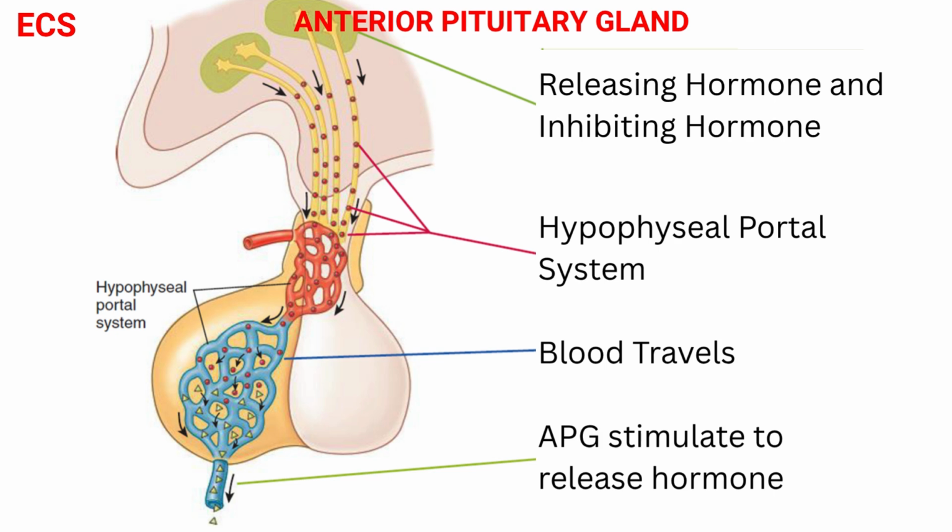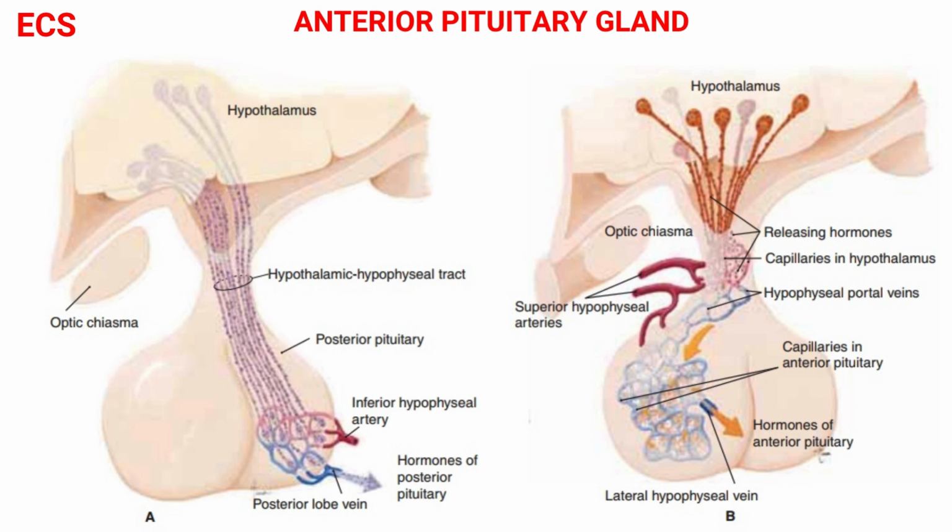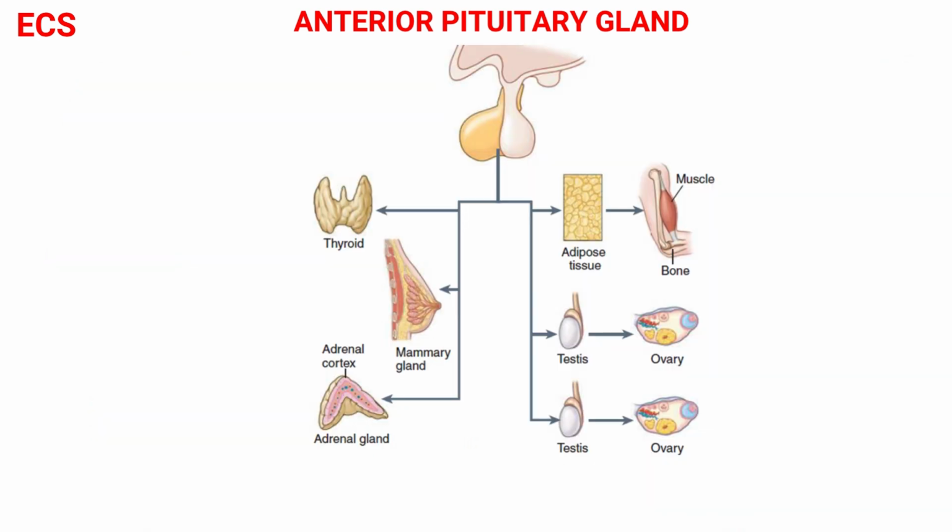Via this system, releasing and inhibiting hormones from the ventral hypothalamus circulate to the anterior pituitary and regulate its hormone secretion. Releasing hormones stimulate synthesis and secretion of one or several hormones at the anterior lobe, while inhibiting hormones prevent this from occurring. Numerous hormones of the anterior pituitary, which are all proteins, regulate the activity of other endocrine glands.